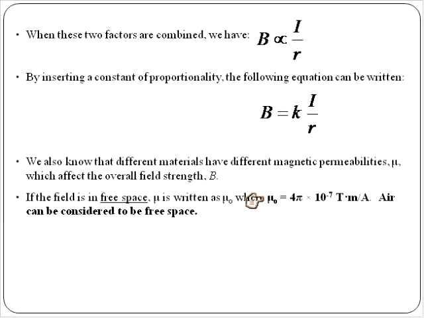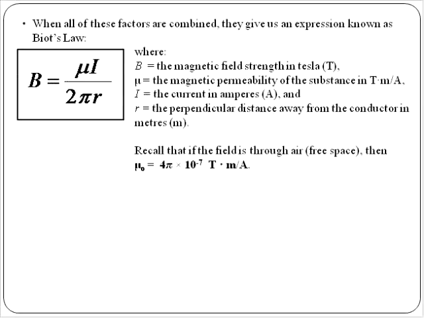Here is the magnetic permeability. That number is also given on your formula sheet, so you don't need to memorize it. And we write the constant as mu over 2 pi. There's our constant.